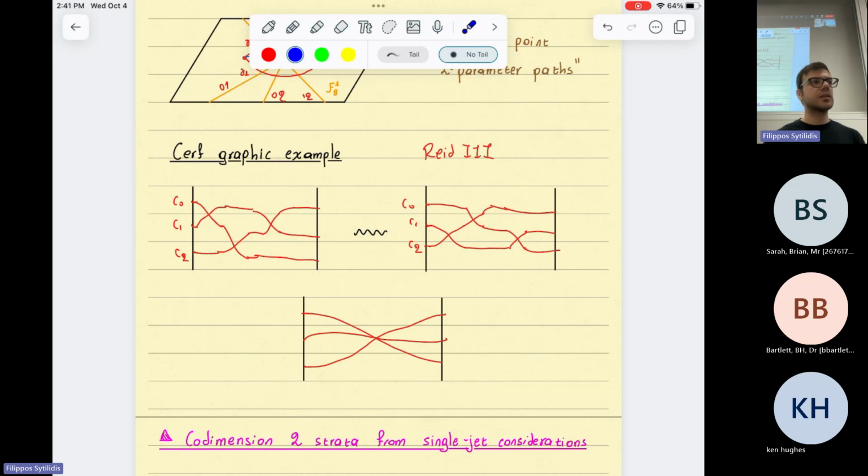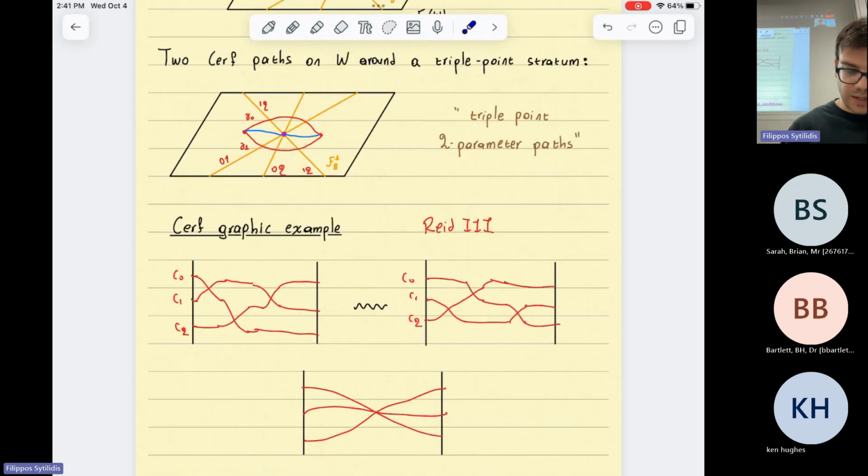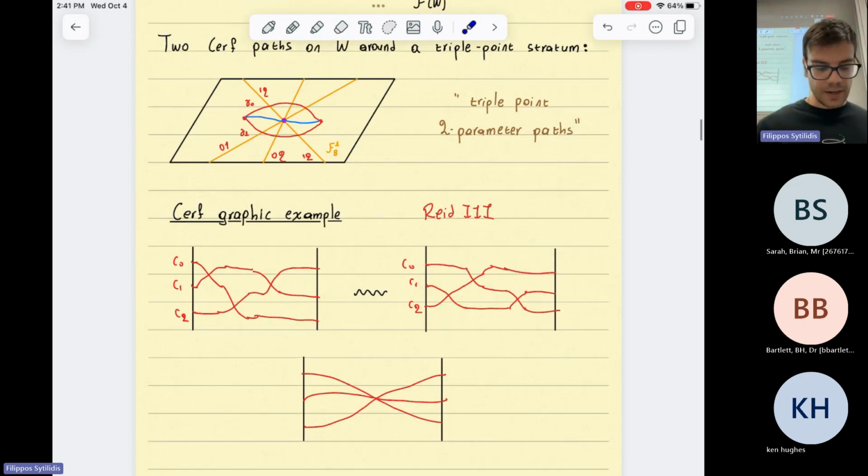You could always push one. You can actually see it from here: you can always avoid this blue line by pushing it up or down, but you can't avoid it in a 2-parameter family.